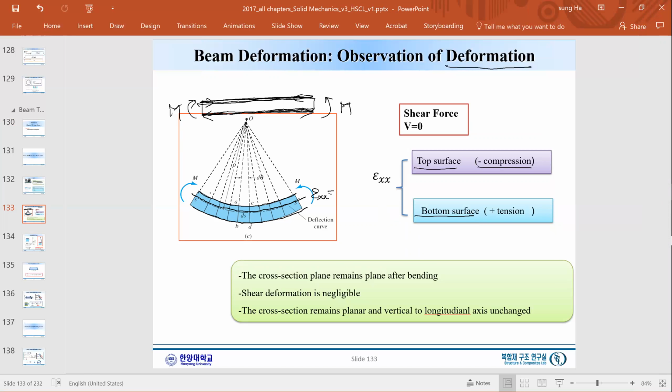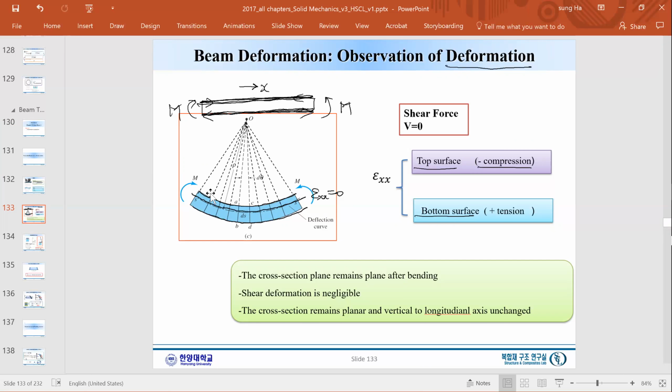The strain is zero. I use epsilon xx because this one is the coordinate x. And this is a very simple observation of what's happening when these structures are under bending.